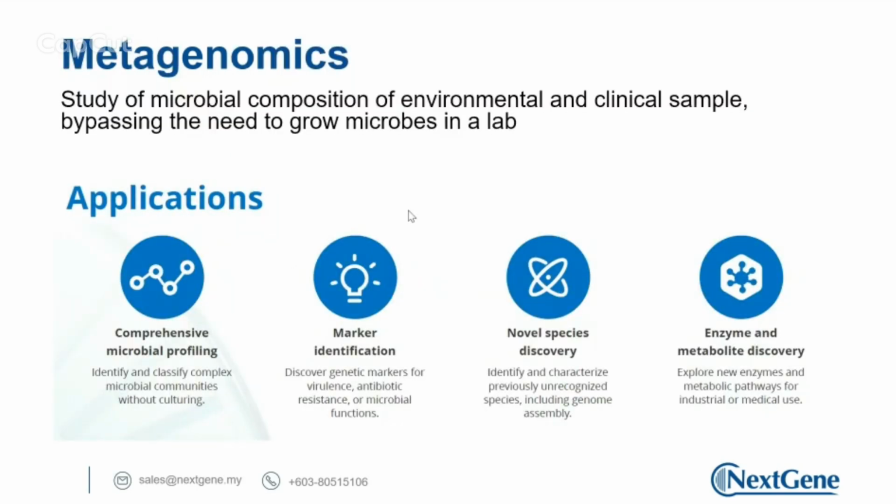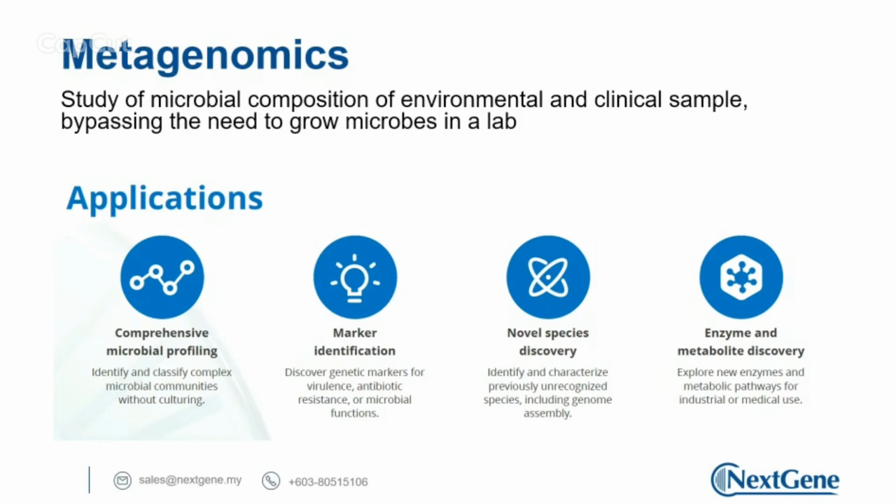Moving on, before we dive deep into the data or the projects, here is some overview for whoever wants to refresh their minds on what metagenomics is. Basically, metagenomics refers to the study of microbial compositions of environmental or clinical samples. For the samples that we obtain day to day or the environments that we have, there are a lot of microbes in the environment or in our guts.